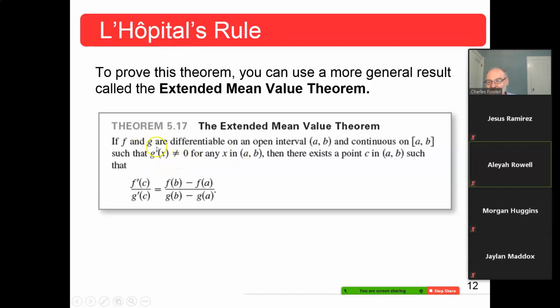That second function, g, is differentiable, but not equal to 0 for any x on that interval from a to b. Then there does exist some point c on that interval a to b such that f prime of c over g prime of c is equal to f of b minus f of a over g of b minus g of a.